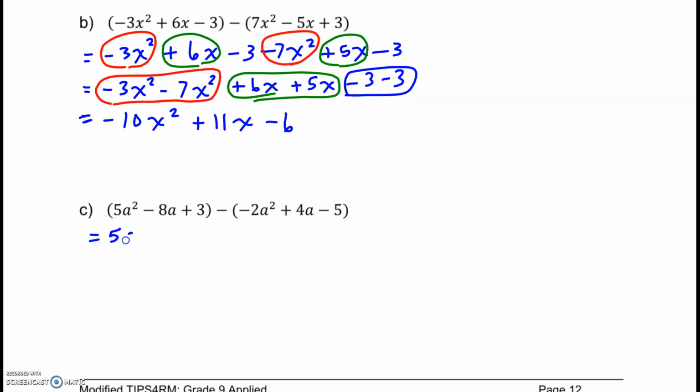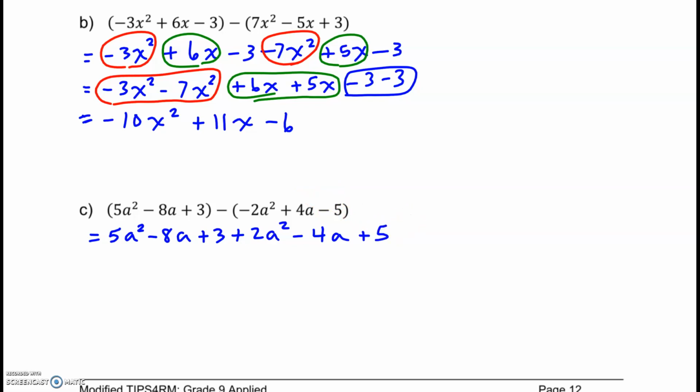So I have 5a squared minus 8a plus 3. So that's the easy part. Lift your brackets. Now we got to watch those signs. Subtracting a negative, same sign, that's a plus 2a squared. Subtracting a positive, opposite signs, negative 4a. Subtracting a negative, same sign, plus 5.